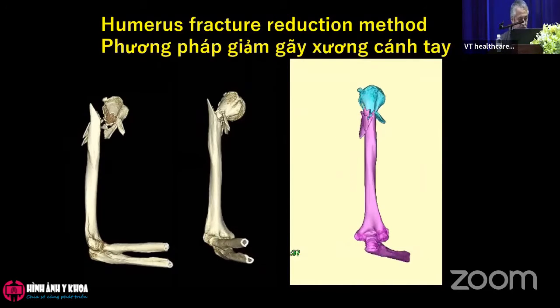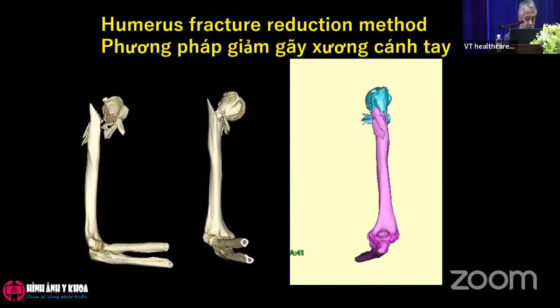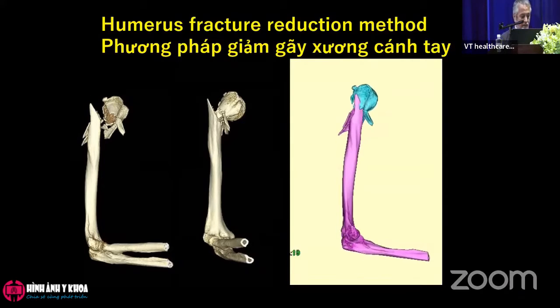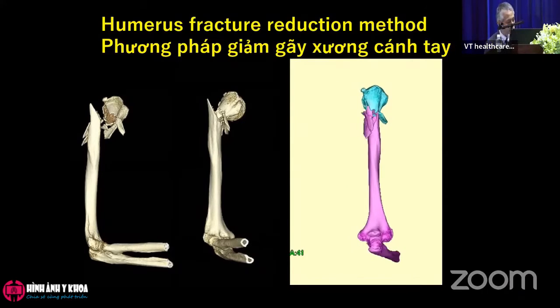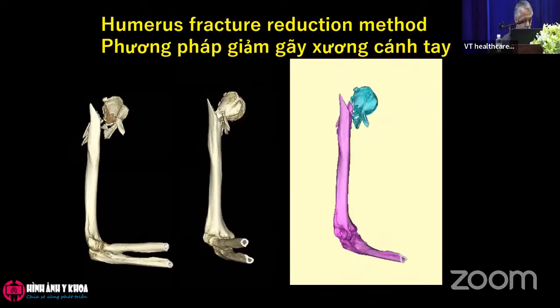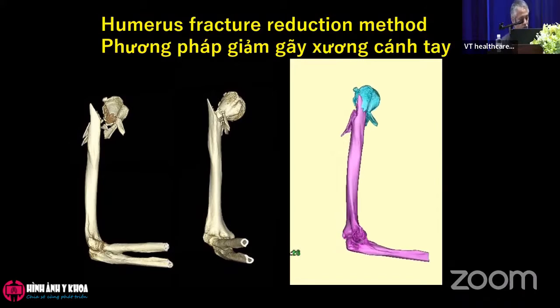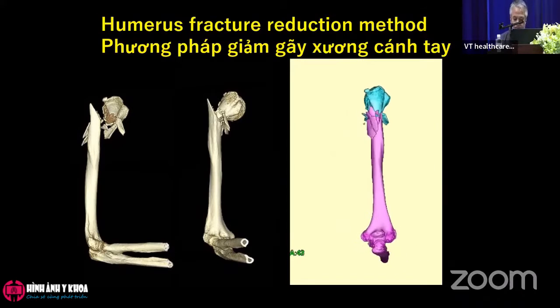Since the 3D image can be grasped three-dimensionally, in the case of fracture it's possible to support the reduction method. This is a humerus fracture.